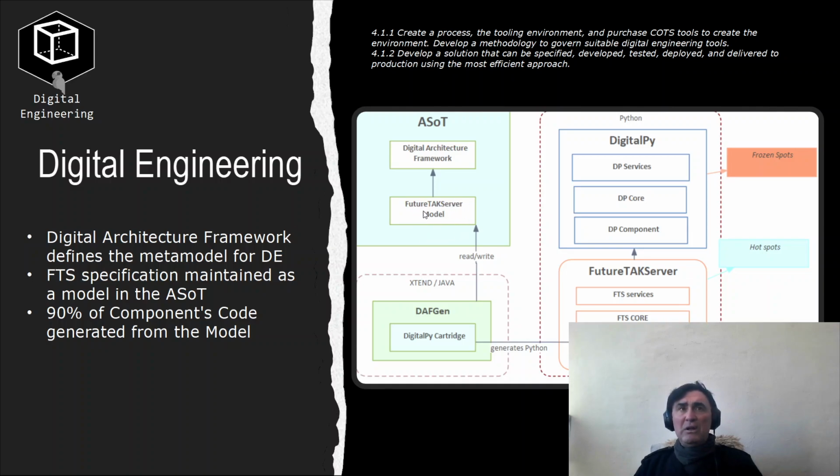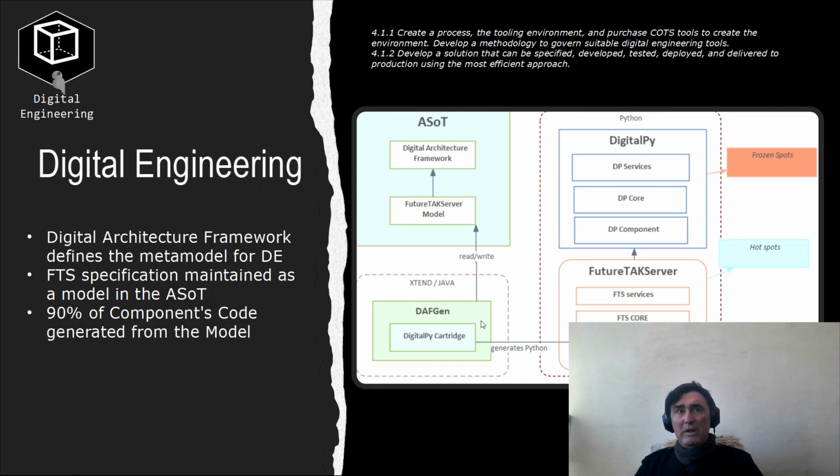Now, this FutureTAKServer model is read by our DAF generator that works in a very specific technology called Xtend. Xtend is a technology based on the Java virtual machine, but with a very strict focus on iterating over models and generating text, aka code, from it.